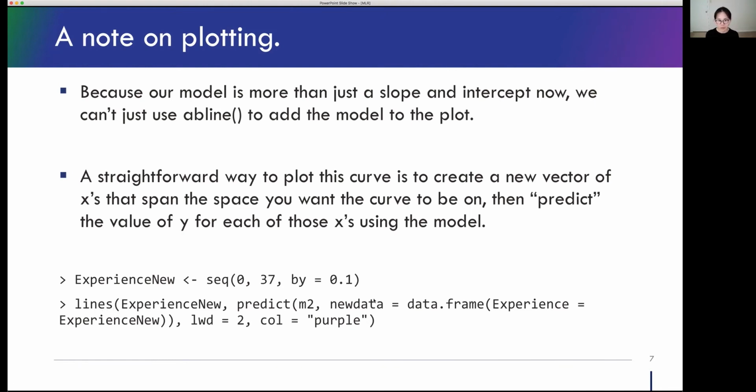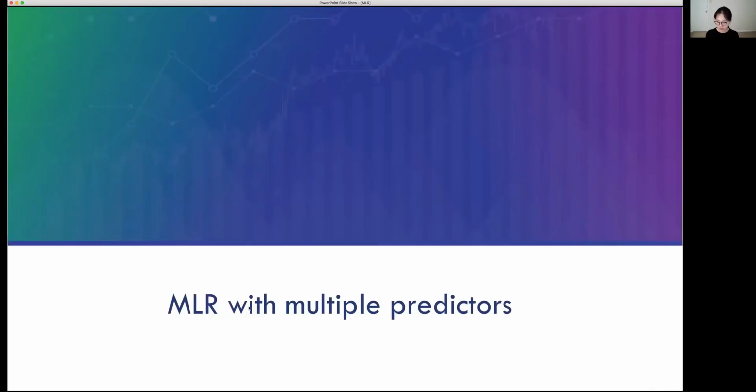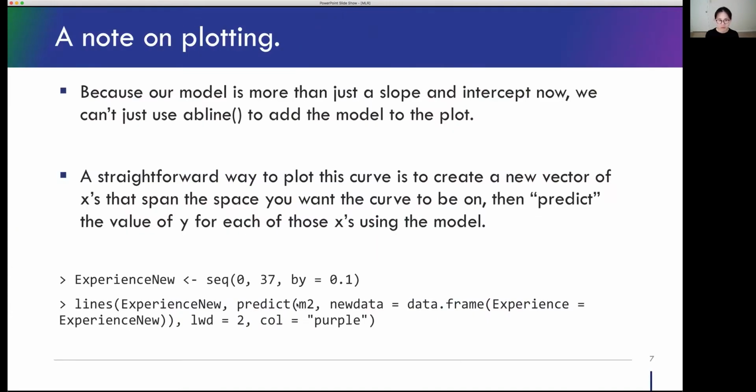I did the prediction with your model, and you supply the new data as this vector. So you supply this new data being experience new, so your x value experience will equal the vector that you just created. This predict function gives you the corresponding values for y to the sequence of x here.